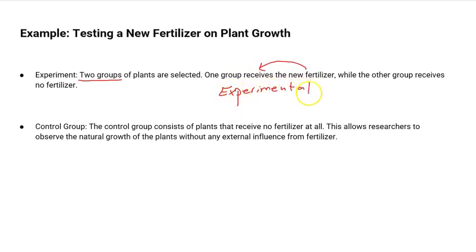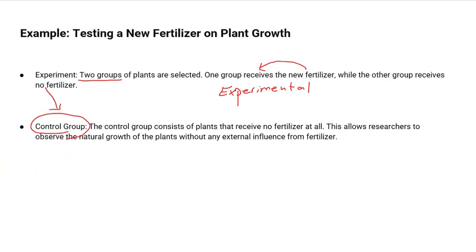And the other group, which is not receiving the fertilizer, would be our control group. So the control group consists of plants that receive no fertilizer at all. In this way, we can observe the natural growth of plants without any external influence from fertilizer, and we can compare the effect of the new fertilizer on plant growth with the control group.